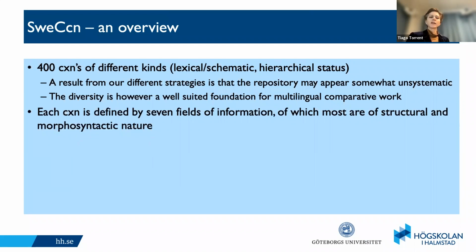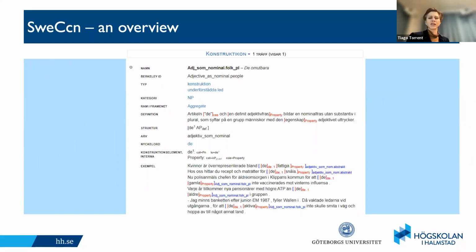In the database, we have, you can say, 7 fields of information. Most of them are of morphosyntactic structure. I don't know if you can see this, it's quite small, but on top you have the name. In this case, it's adjective as nominal. Since it's also a construction in the Berkeley Constructicon, we have this below.